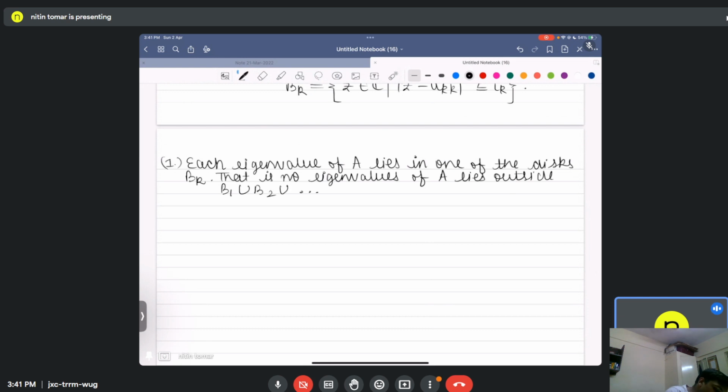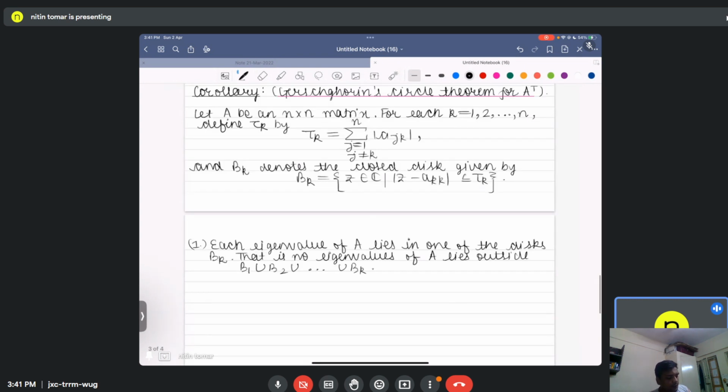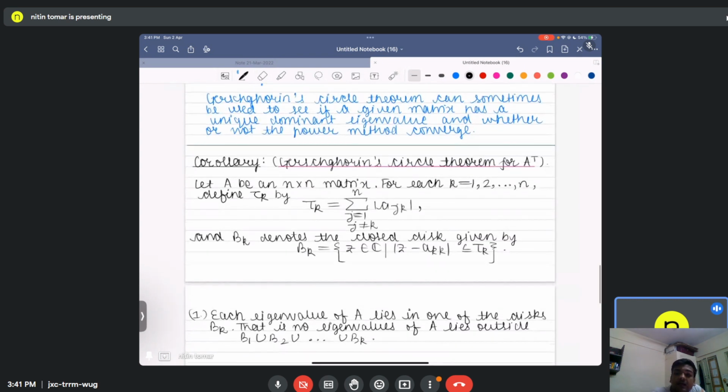And that is obviously true because we have seen the Gershgorin circle theorem. Again, I repeat, this happens because A and A transpose have the same eigenvalues.